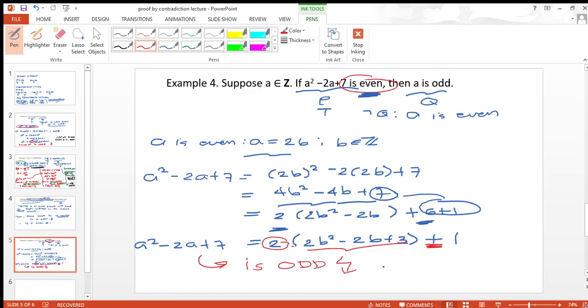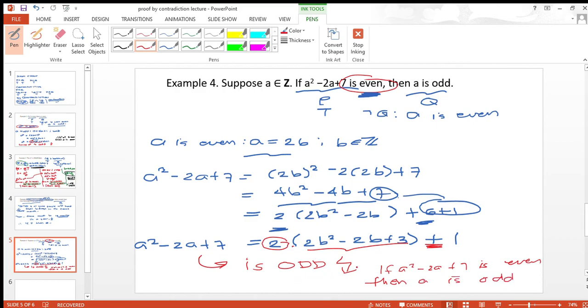Since there is a contradiction there, we now conclude that, suppose A is an integer, if A squared minus 2A plus 7 is even, then A is odd.